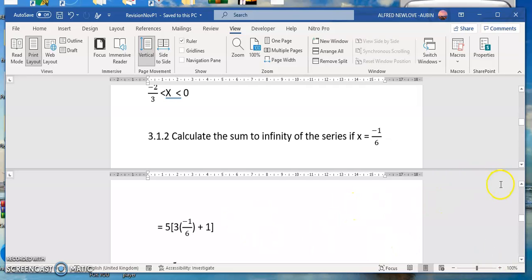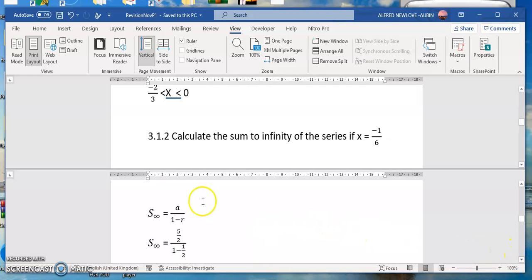With a, we know x is equal to -1/6, so you substitute it there. Remember, a is this, so 3, our x, you put -1/6 there, and when you simplify, you are going to get 5/2.